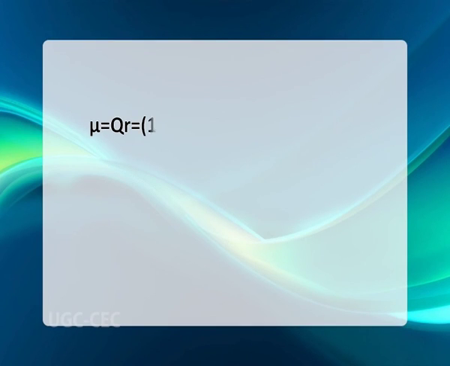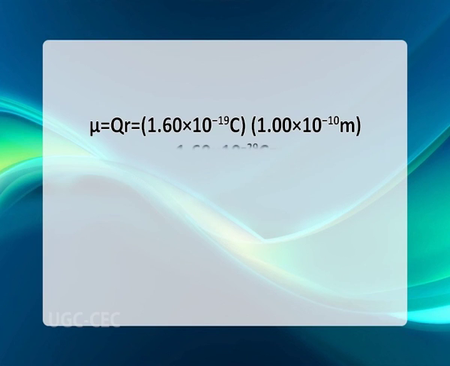In this case, the dipole moment can be calculated as mu is equal to q into r, which is numerically equal to 1.6 into 10 to the power minus 19 coulomb multiplied by 1 into 10 to the power minus 10 meter, that is 100 picometers.